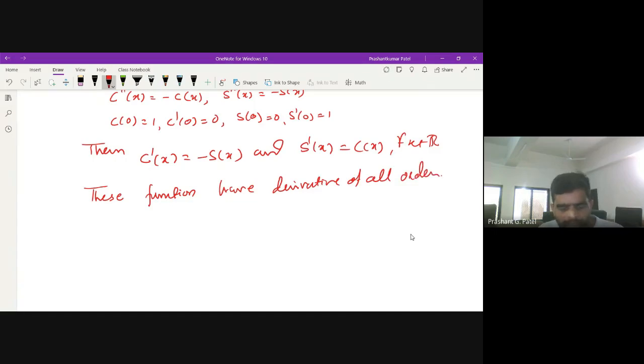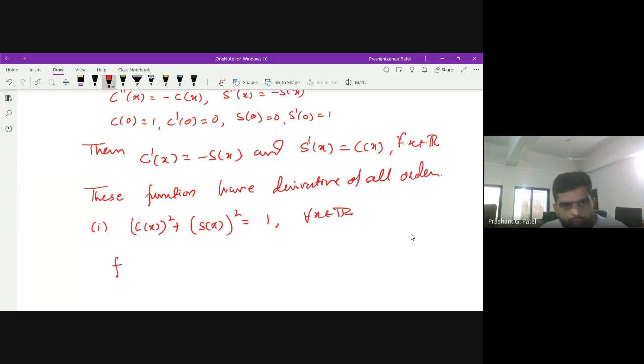The next property is also saying that c of x square plus s of x square is 1 for all x belongs to R. That is sin square plus cos square is 1. The proof of this is very interesting.